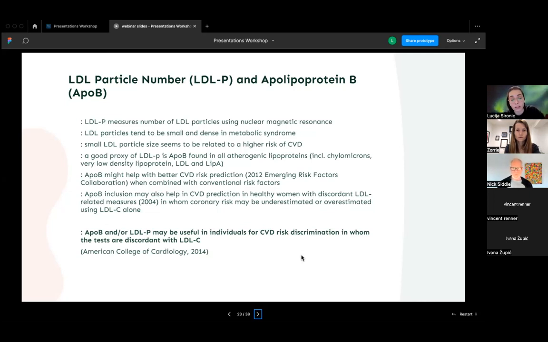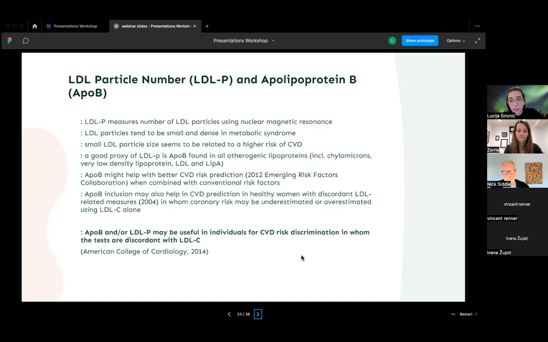of that marker is another one called apolipoprotein B. And this marker seems to be very good in terms of CVD risk prediction, especially when it is combined with other conventional risk factors such as LDL, BMI, blood pressure, and even high sensitivity CRP.